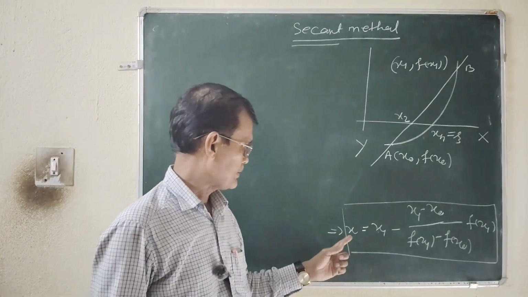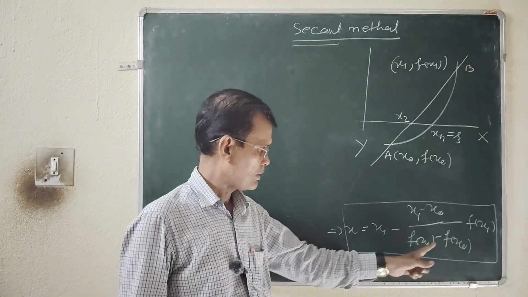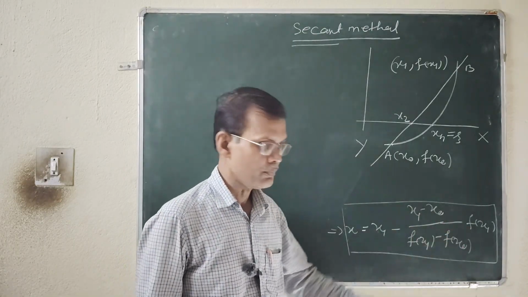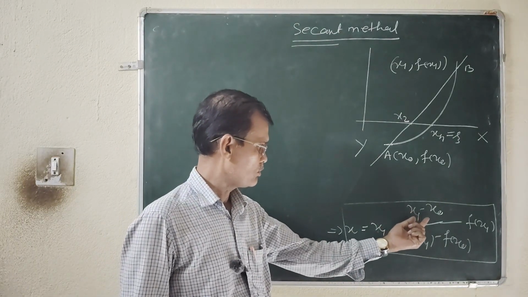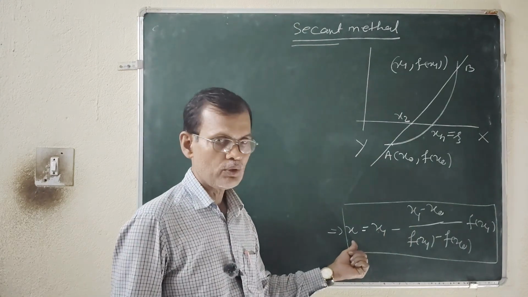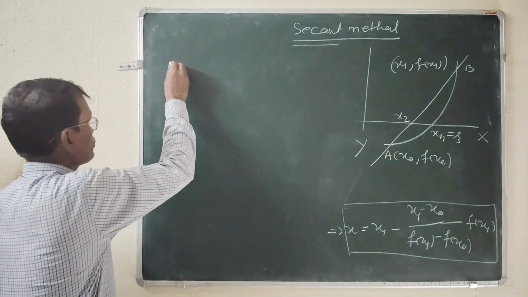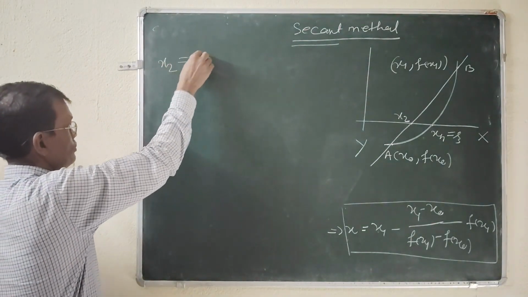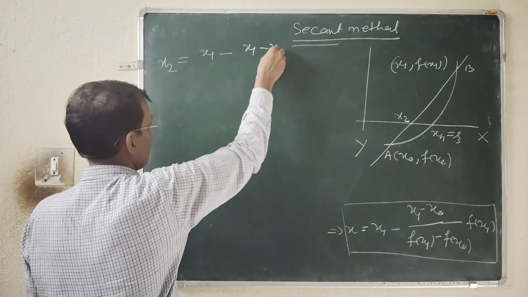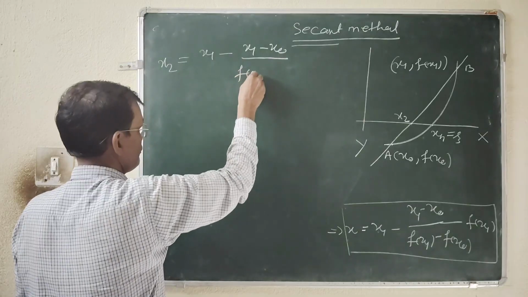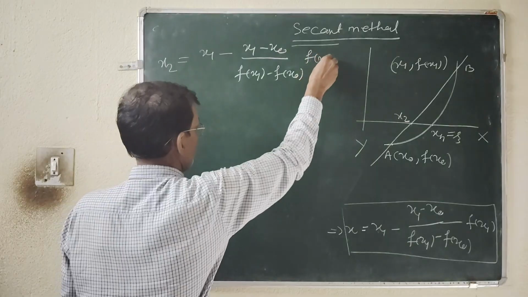Now we get the formula x is equal to x1 minus (x1 minus x0) by (f(x1) minus f(x0)) into f(x1). Here we consider the initial values x0 and x1, and from that we get a new value x. For the time being we call this new x as x2. So x2 is equal to x1 minus (x1 minus x0) by (f(x1) minus f(x0)) into f(x1).